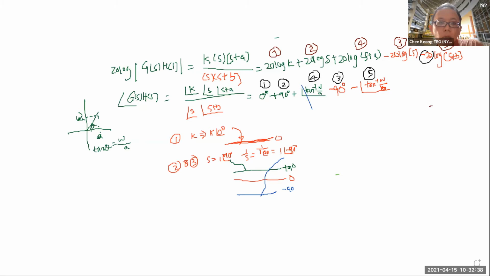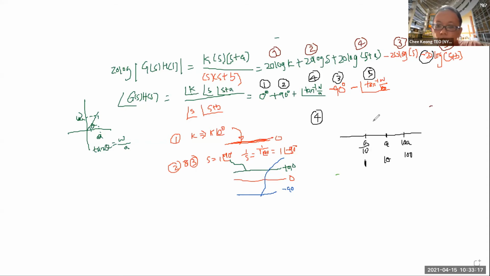Form 4 will be, again, the same thing, having the root at A. But you have to look at the frequency at 10 times A, so 10A, and the frequency at A divided by 10. That means 1 decade up and 1 decade down. So for example, if A is 10, 10 times up will be 100 hertz, right? 10 times down will be 1 hertz. So that's what I mean.